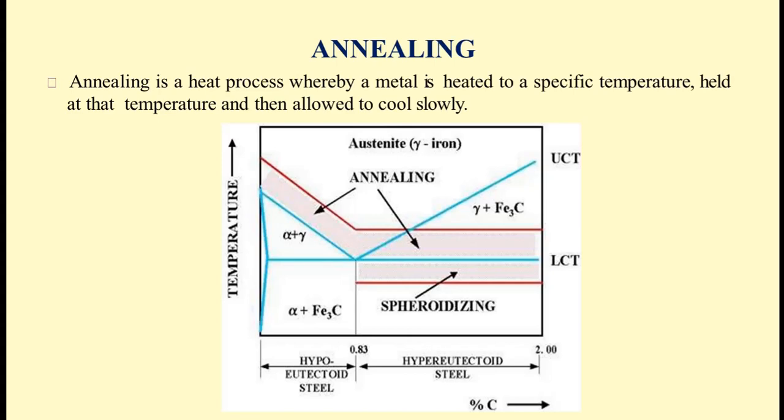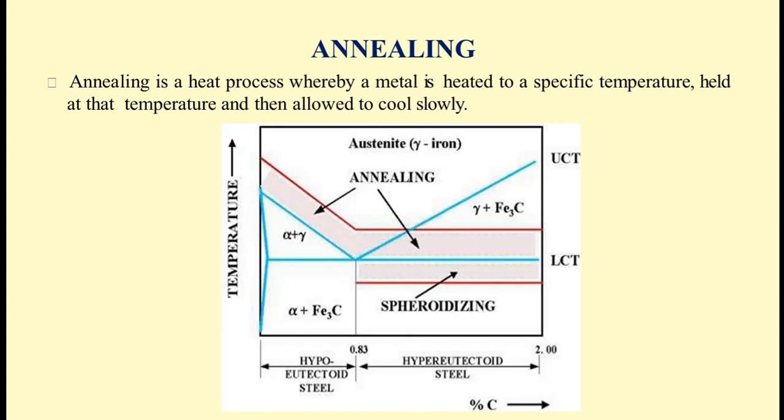The annealing process is done 50 to 60 degrees above the A3 line for hypoeutectoid steel, and it follows the A1 line for hypereutectoid steel. So it is very clear that annealing is done within the range of austenite, or austenite plus cementite, for hypo and hypereutectoid steel respectively.